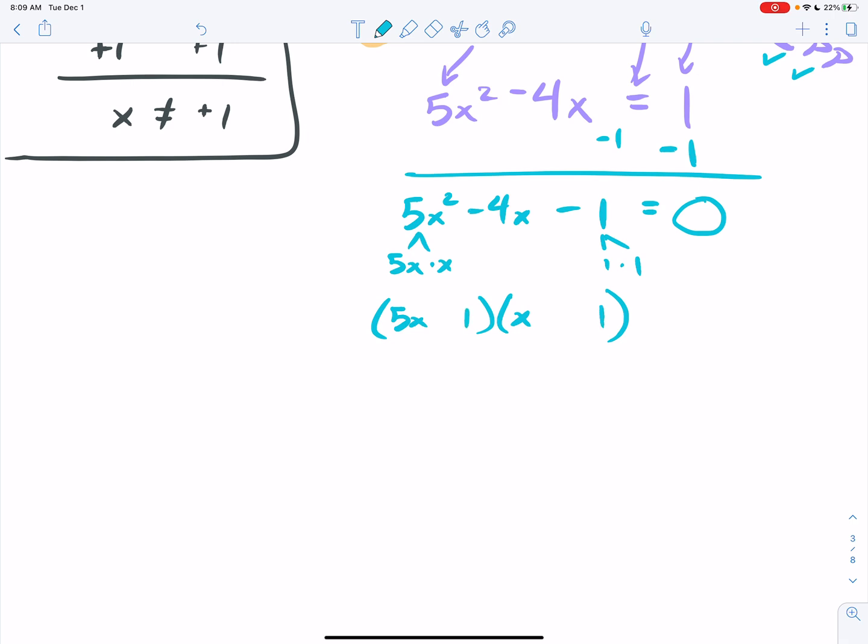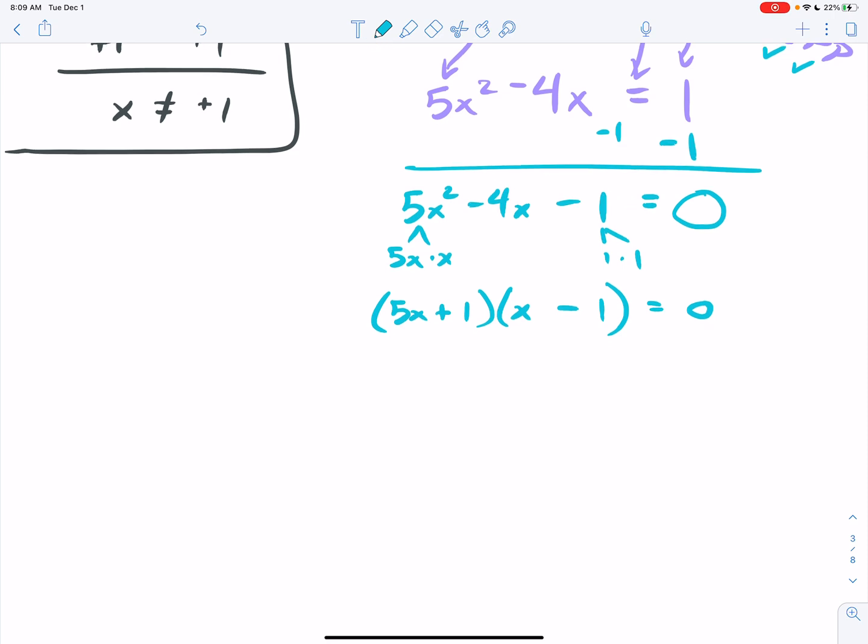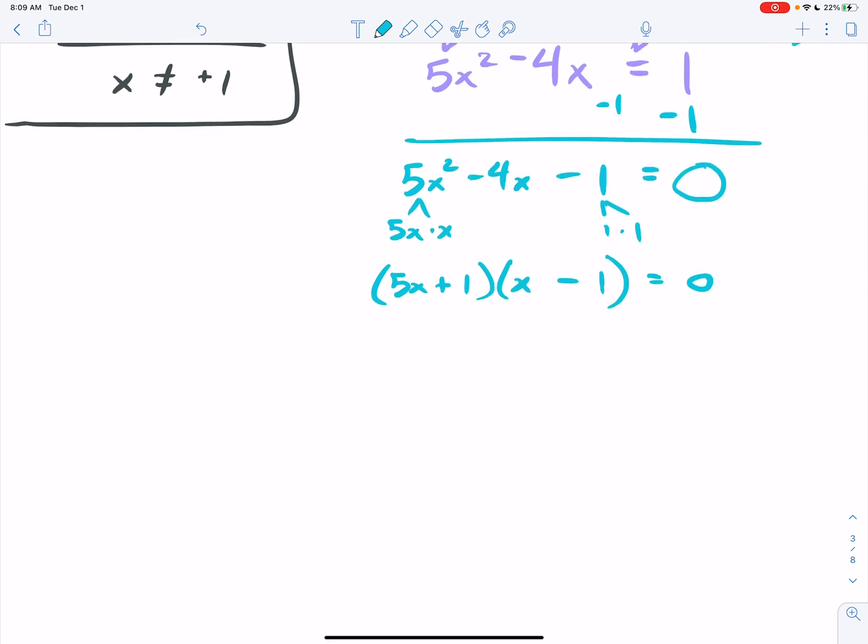Okay, and I think we did minus and then plus there, okay? So now that we have a product that's equal to 0, we can use the zero product property, which tells us that we could set each factor equal to 0. But I'm not going to write out the steps again. We know that x comes out to negative 1/5 and x equals positive 1.